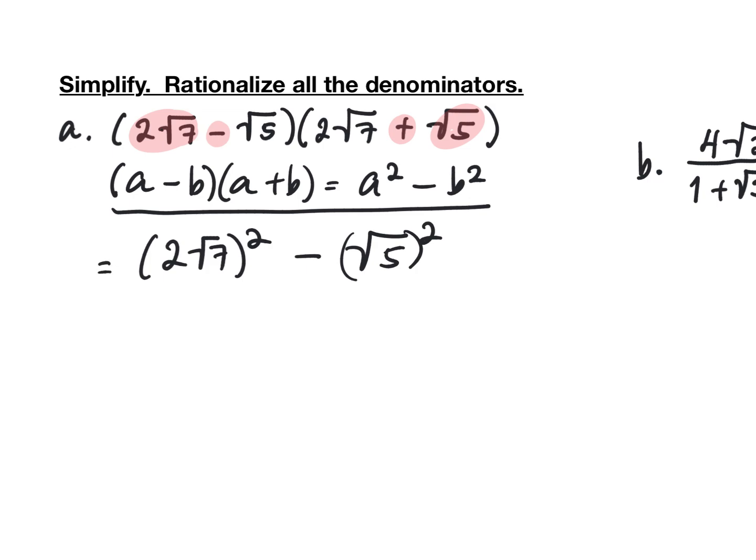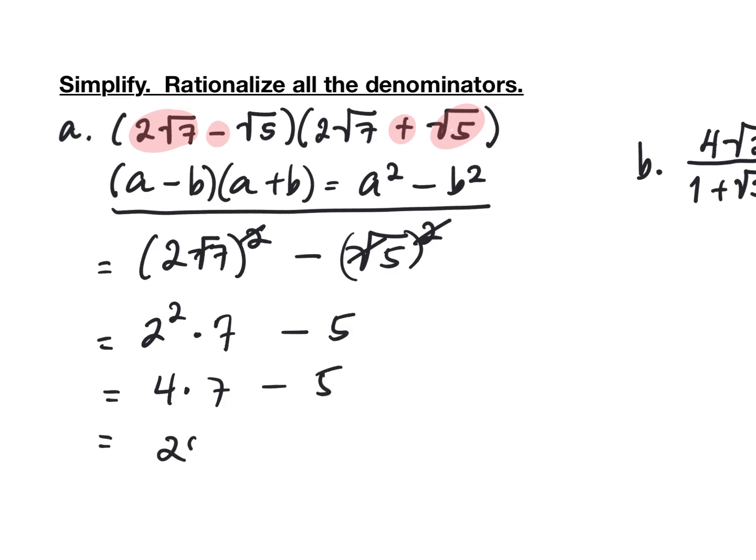Okay, so simplifying it, this is going to give you 2 squared, which is 4, multiplied by 7, minus, cancel this, it's going to just be 5. So this is going to give you 4 times 7 minus 5. And 4 times 7 is 28 minus 5. That's going to give you 23.